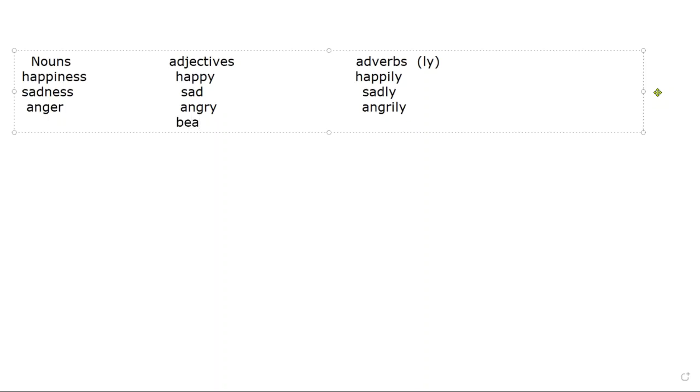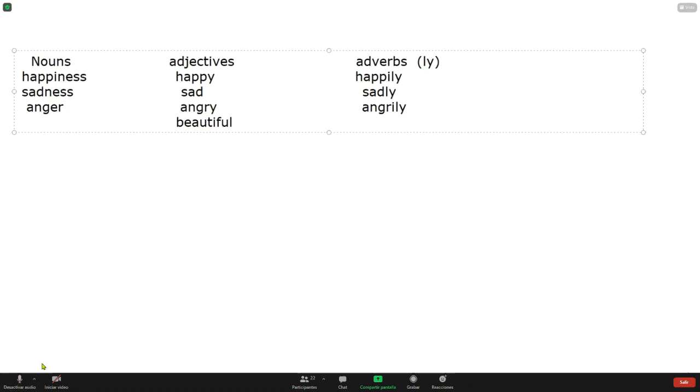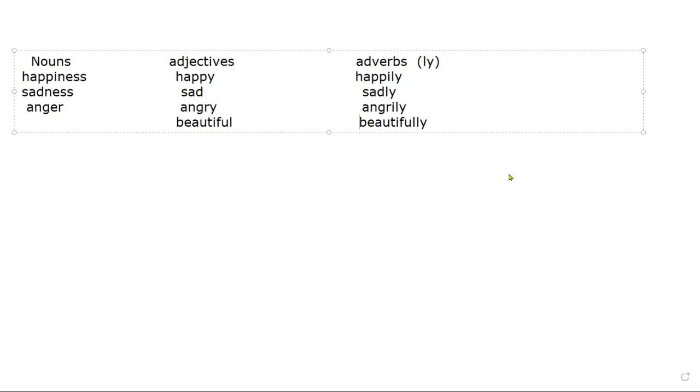For example, beautiful. A teacher is beautiful. All right, so the person is beautiful. And probably the person sings beautifully. Remember that the adverb describes the way people do things. So this adverb is always after the verb.